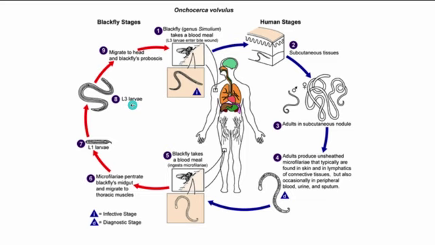That L3 filariform larvae will now be able to be transmitted to another susceptible human host once that black fly will take a blood meal and it will initiate the life cycle all over again. So it is really the same. They only differ in the vector and in where the adult worms are found.